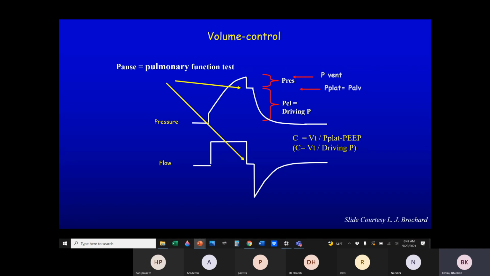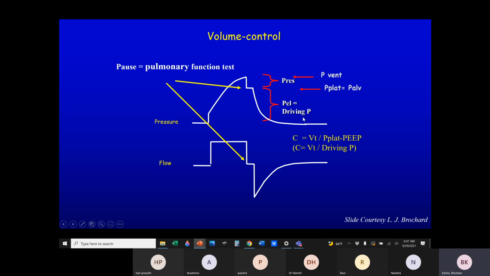Because it is the pressure which is driving the tidal volume inside the lung, inside the alveoli after the airways, right? Whereas this pressure, resistive pressure, is the pressure which is moving the gas from the endotracheal tube, wherever it is measured, until the end of airways.